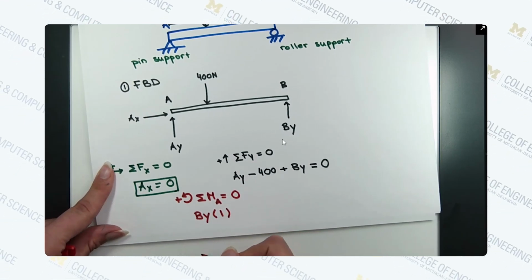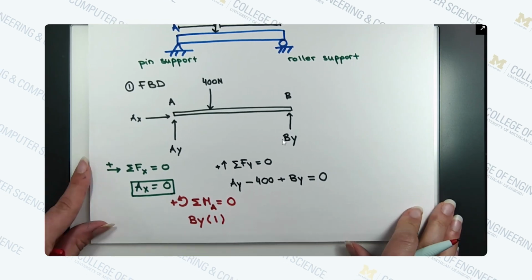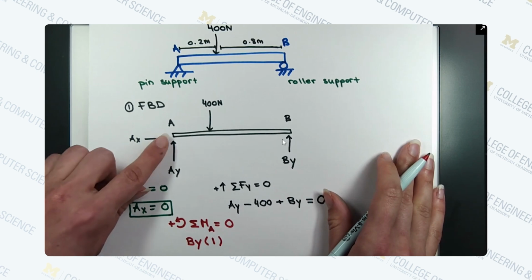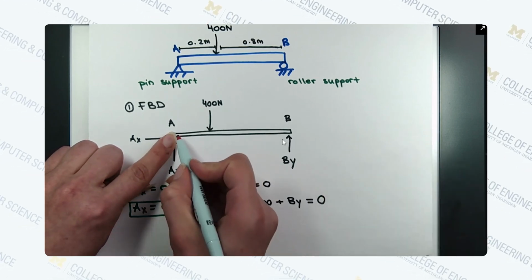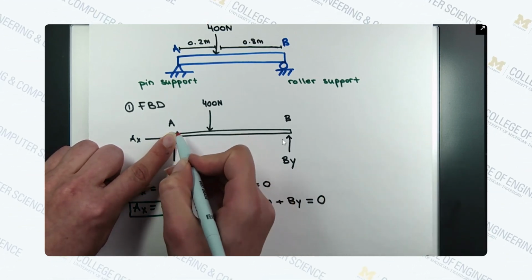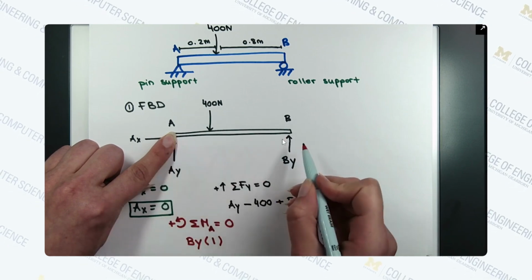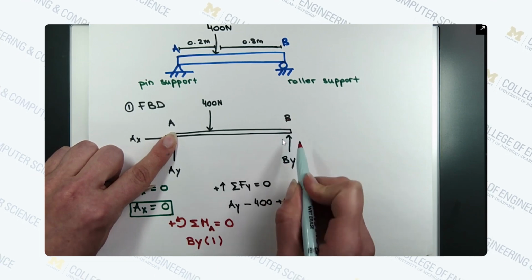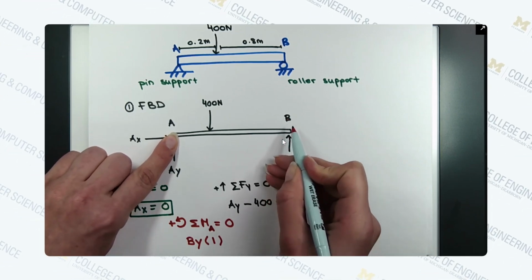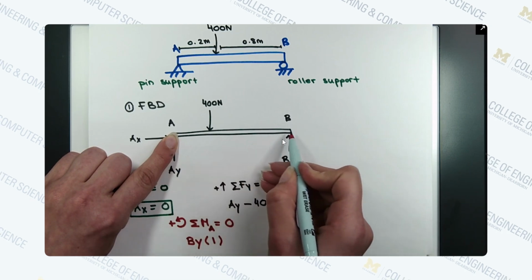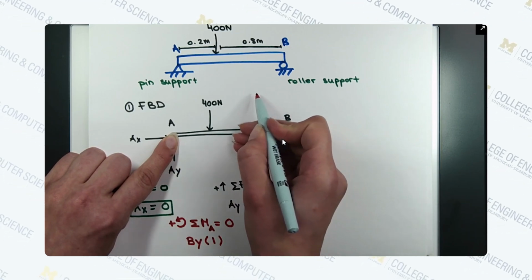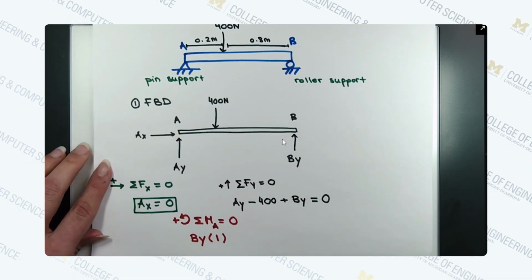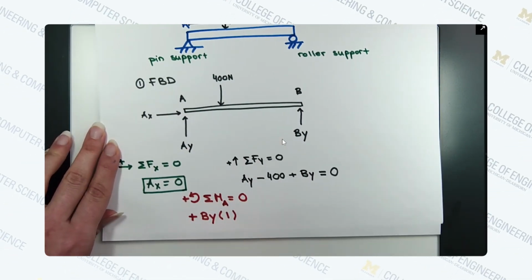And now we have to find the sign. Is it going in the positive direction or the negative direction? So let's see. If we hold the beam right here, because this is where we are finding the moments about, hold this about point A, and let's imagine we have this force pushing up. Pushing up will make this whole beam go in this direction, right? So if it's going in this direction, that means it is counterclockwise, which means this is positive.